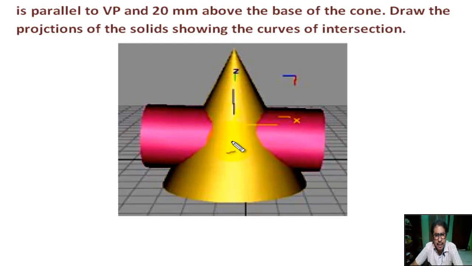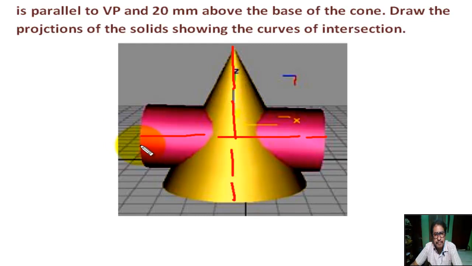The cone is completely penetrated by the horizontal cylinder, and their axes, this is the axis, their axes intersect each other at right angles.